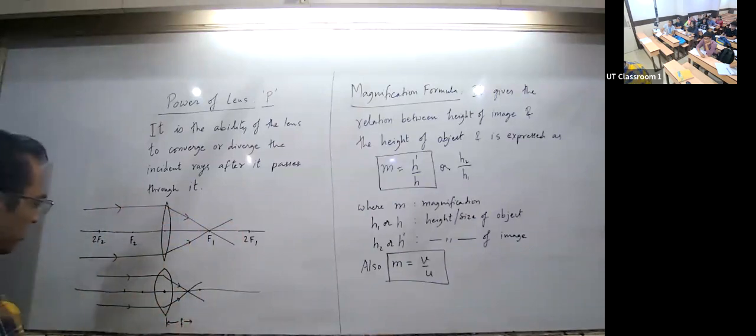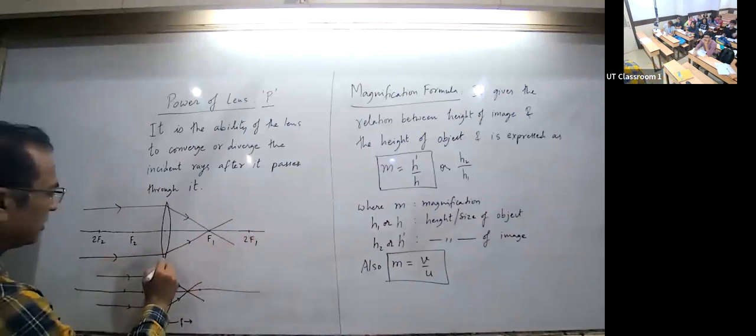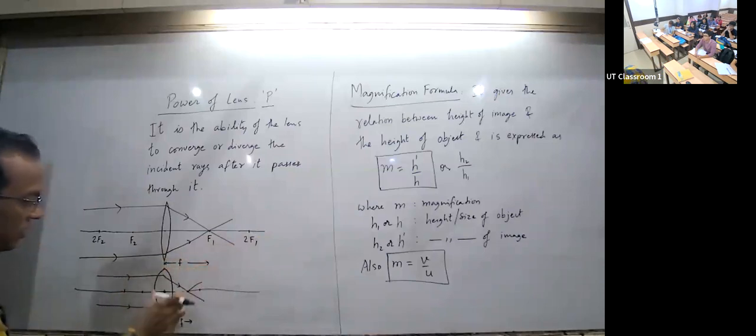Thicker. So which is more powerful? Which has more power? Thicker lens. Understood? Because it is bending it more, at a shorter distance. So that's why the thicker lens is more powerful.